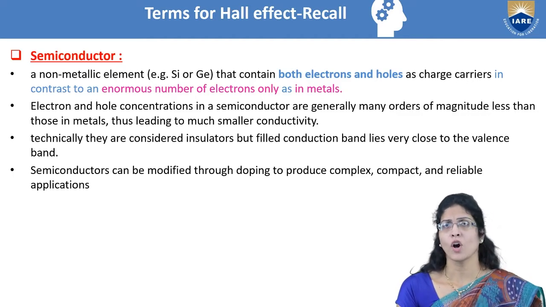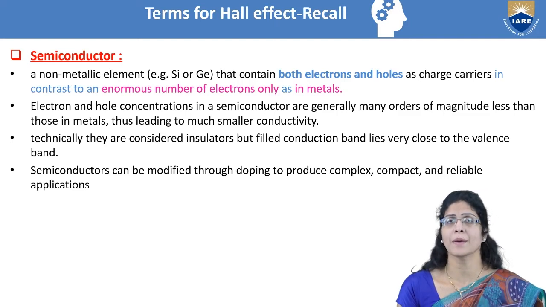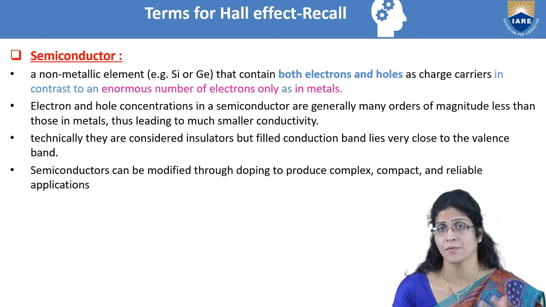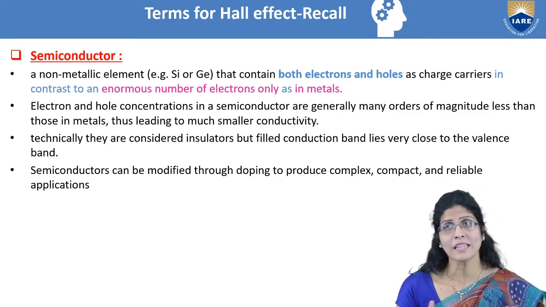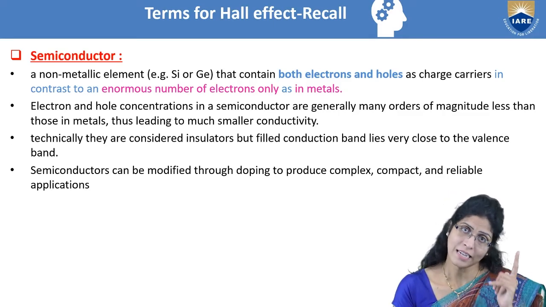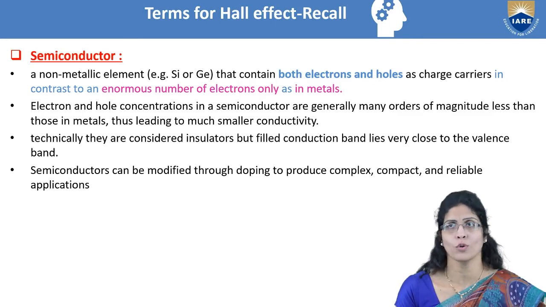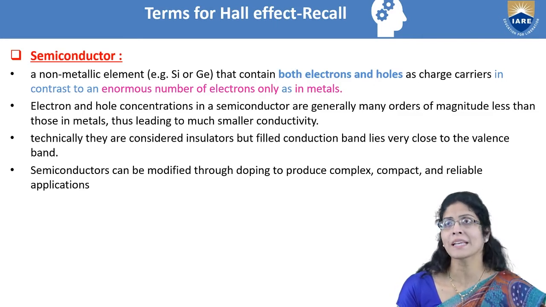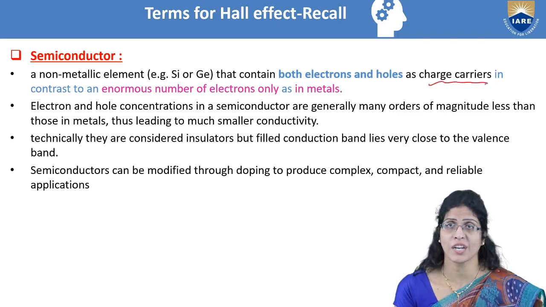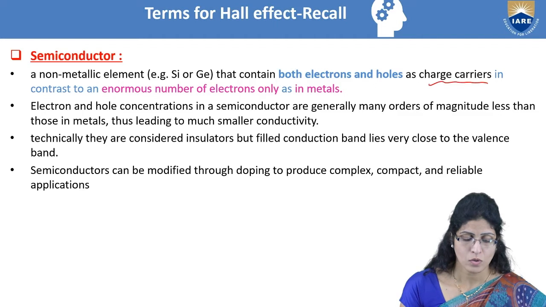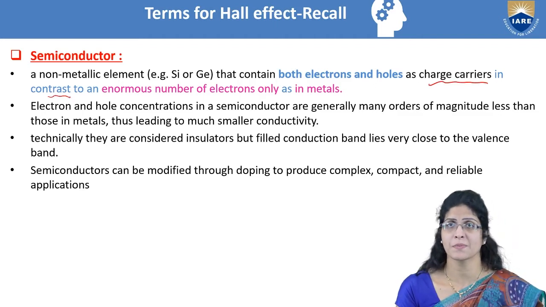And the normal semiconductors, if you take in any general studies, are silicon and germanium, and they have had large applications from the beginning of the studies. And these have both electrons and holes, whereas in conductors, the conductivity is due to either electrons or holes. But here both of them take place in the conduction and they are mentioned as charge carriers. Okay, so that is the contrast between the semiconductor and the conductor displayed here.